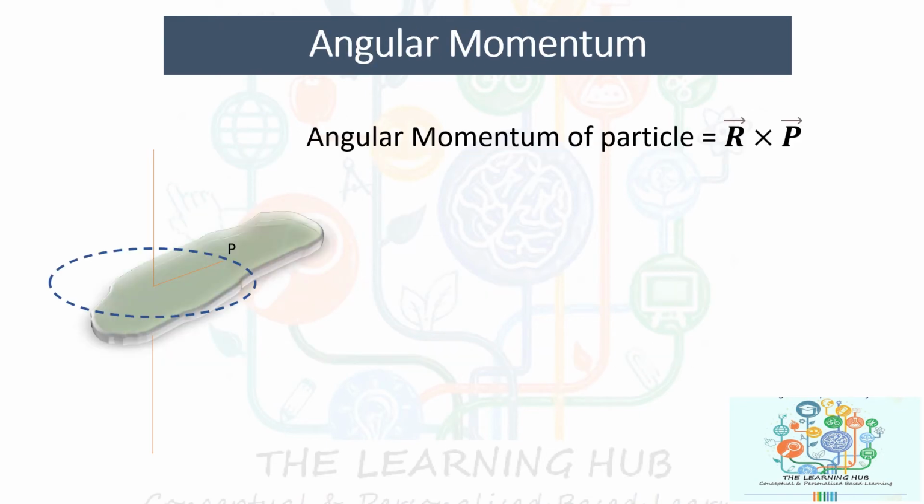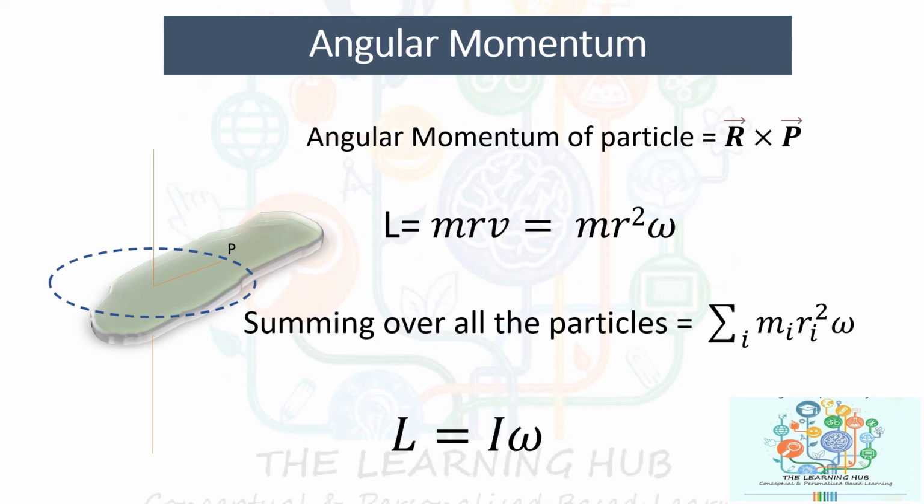We'll try to understand angular momentum. It is the rotational equivalent of linear momentum. When we break down the angular momentum formula, it gives us m r v or m r square omega. Now considering all the particles of the body, it gives us the relationship of angular momentum with the moment of inertia and the angular velocity, which is L equals I omega.